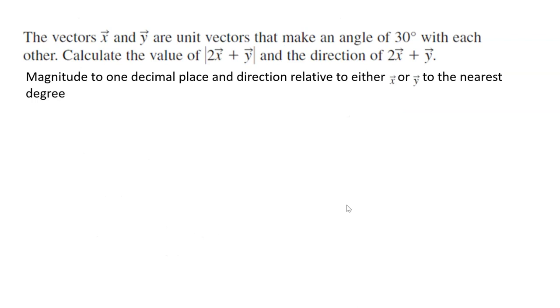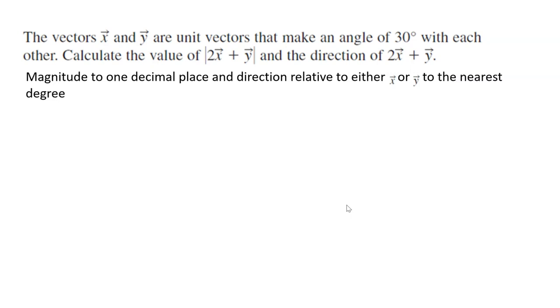Okay, so let's try this now. Let's see how well we do with this. I give you two vectors, x and y, and they're unit vectors. So there you go, the term has come up right away. That means that each of them has a magnitude of 1. They have an angle of 30 degrees between them.